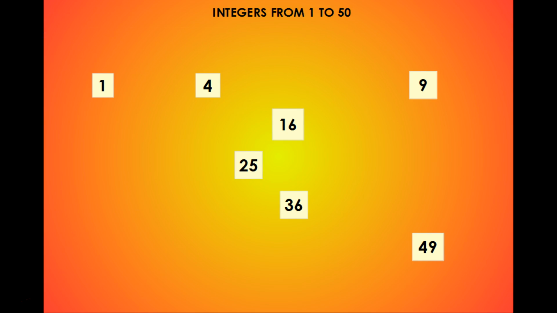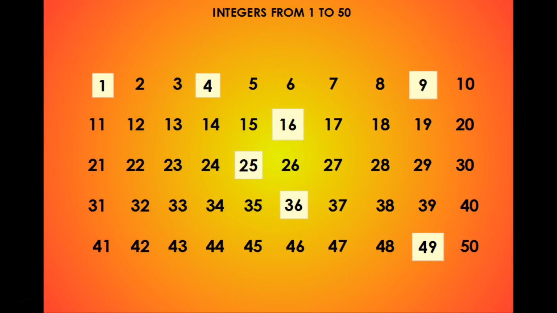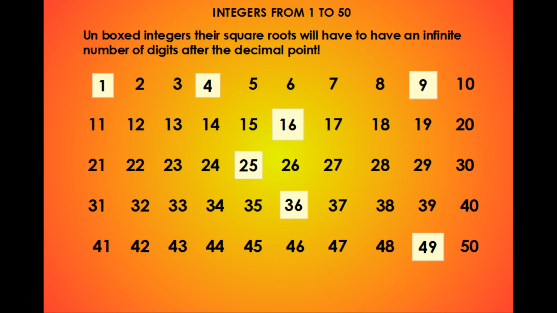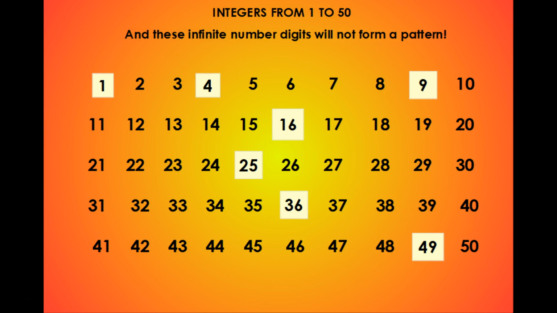Now the rest of the integers, do you know their square roots? I don't think so, and there's a very good reason why, and we'll discuss that shortly. But the unboxed integers, their square roots will have to have an infinite number of digits after the decimal point. And further, the infinite number of digits will not form a pattern.